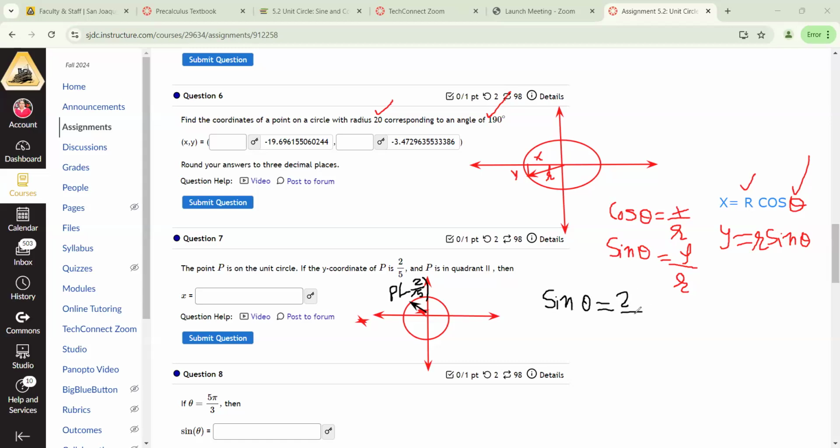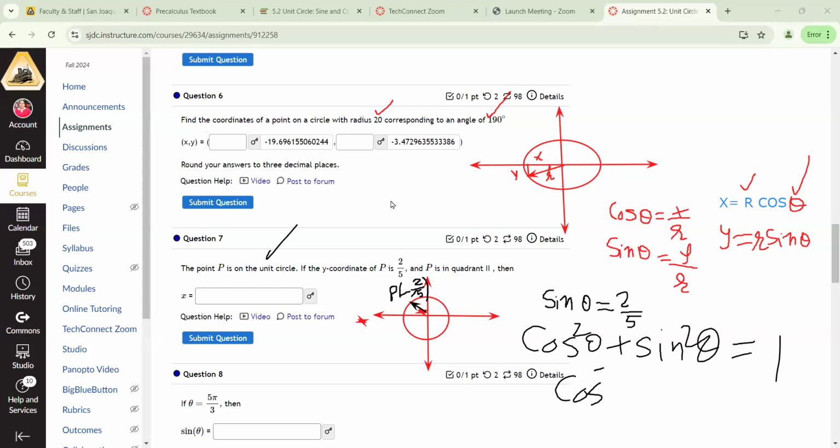We can use the formula sine square theta plus cos square theta to find the x coordinate, which is the cos value. So I'm going to do that here. Cos square theta plus sine square theta is equal to 1 because it's a unit circle. So cos square theta is the x coordinate, which is unknown to me.